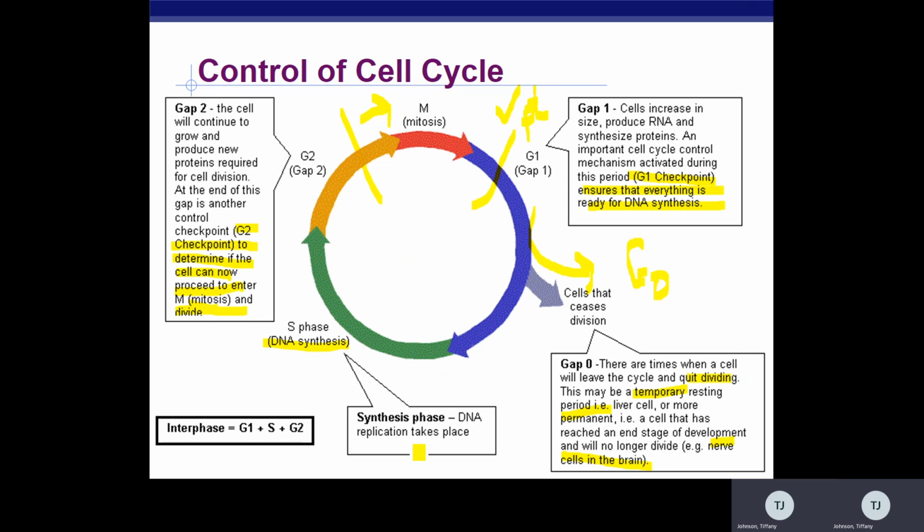Now, in a minute, we're going to go over why or what happens if these checkpoints are ignored. There is a third checkpoint, and I want to go over it a little bit later. Not right here, right now. But for right now, I want you to add to your cell cycle the G1 checkpoint and the G2 checkpoint.